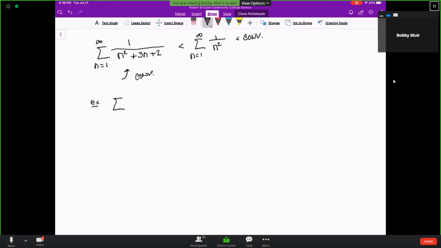How about we do this? The sum from n equals 2 to infinity of the natural log of n divided by n. Okay, so do you think this is going to converge or diverge? Well, we know this diverges.